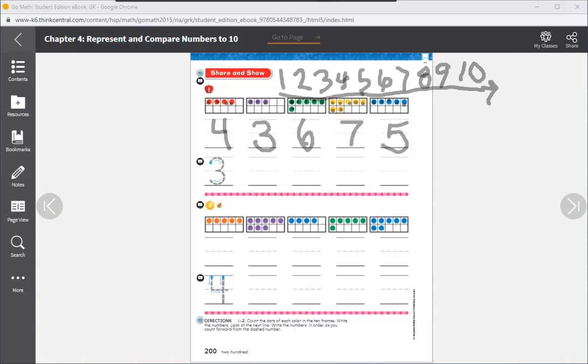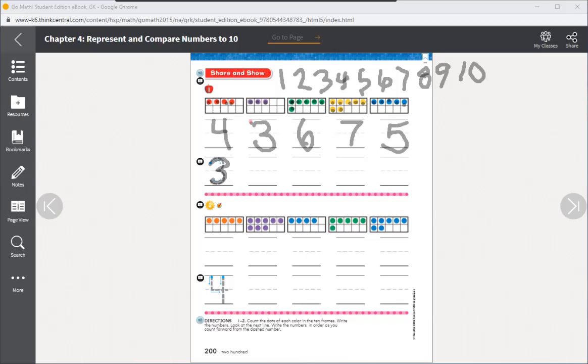Okay? All right. Now, look at these numbers here and look at the number line. The first one that we start with is 3. Right here, we use that one. What comes after 3? Look at your number line. What comes after 3?